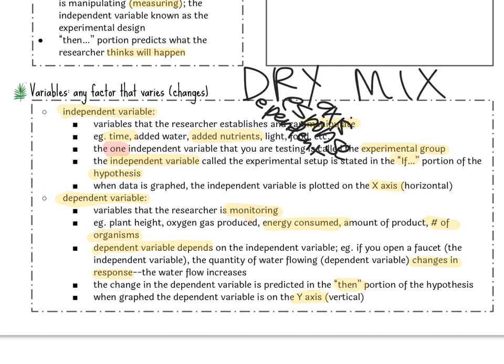And then we got our dependent variable taken care of. Now I have to take care of our independent variable. So that's what this I stands for. Independent. And the M stands for what the independent variable is, and it is the manipulative.